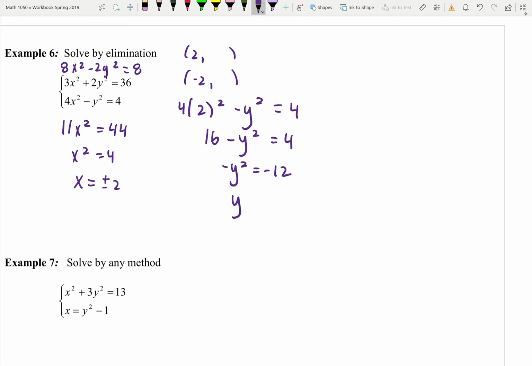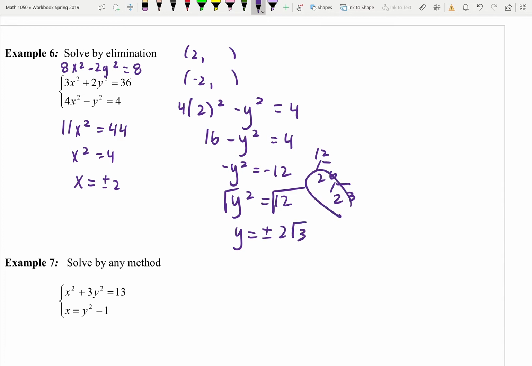Change your signs. y squared equals 12. Square root it, and you get y equals, what do I put right here? Plus or minus. And I can't write it as the square root of 12 because the square root of 12 will simplify. So take your 12, and that's 2 times 6. 6 is 2 times 3. So those come out, so it's really 2 square root of 3.